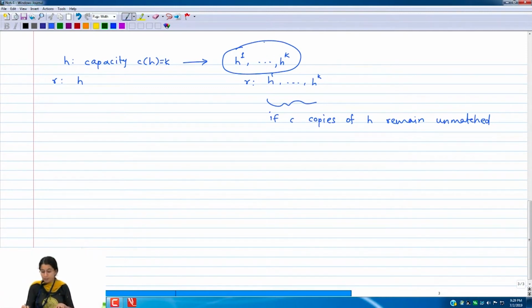But it should not happen that some resident R ranks H1 better than H2, where H1 is one copy and H2 is another copy. If one resident is doing that, every resident should do that. So this order on the copies of this hospital should be fixed in the preference list of all residents. Whenever H appears in someone's list, we replace that H with exactly the order H1 to HK.